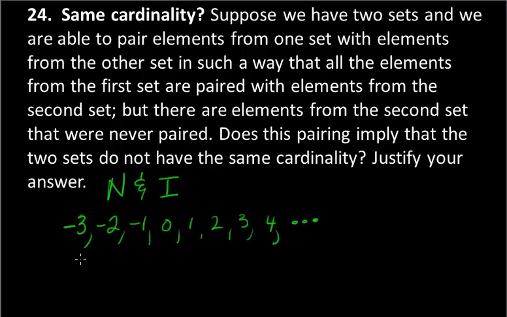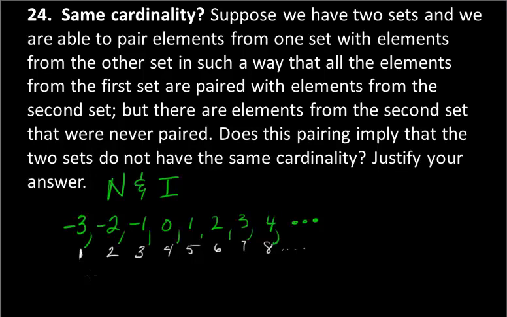There's a list of integers, and whenever I make an infinite list, I have set up a correspondence with all of the natural numbers. 1 corresponds to -3, 2 corresponds to -2, the second one on the list. The third number on the list, -1, would correspond to 3, 0 to 4, 5, 6, 7, 8, and so on.